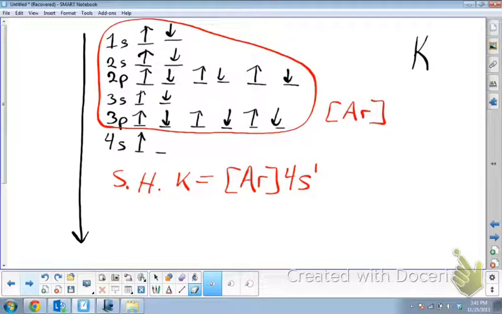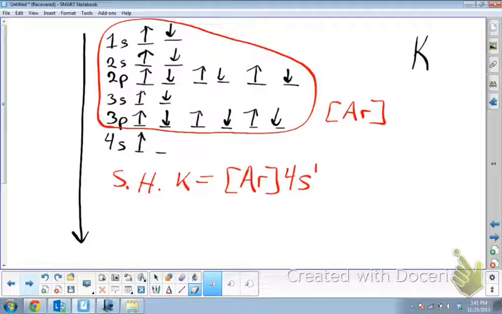Sorry, I said fluorine, but we're actually going to be looking at potassium. Potassium, element K, has the electron arrangement and orbital diagram written here for you. It has argon as its nearest noble gas, and then it fills up the 4s sublevel after the argon electron configuration.